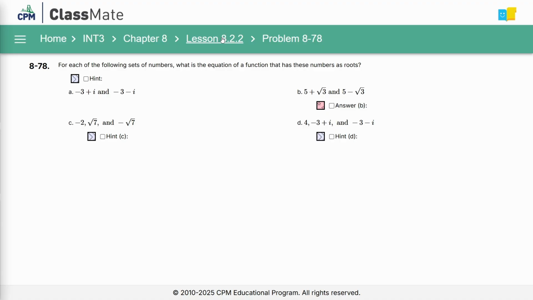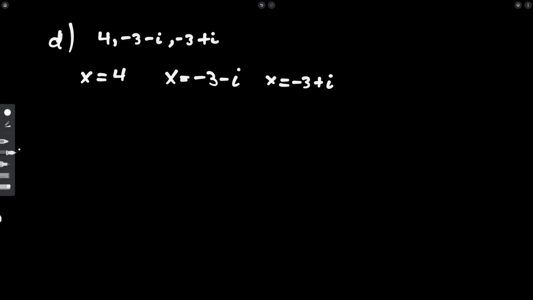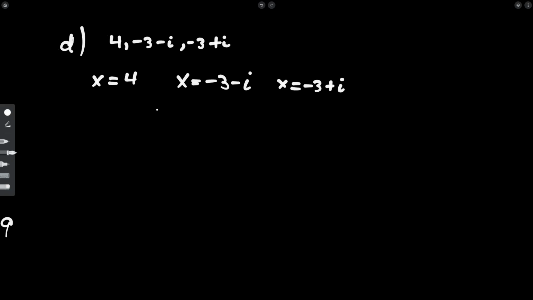Just double check. -3 minus i plus i. Fantastic. All right. I'll rewrite this with this notation, just so it's a little bit easier to see. And now that I've written this all down, we can begin solving.